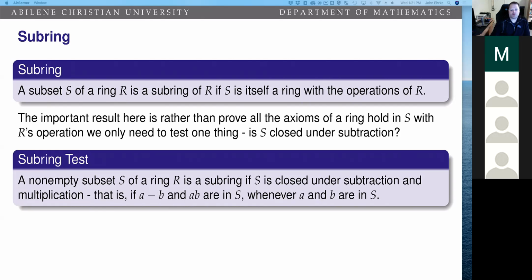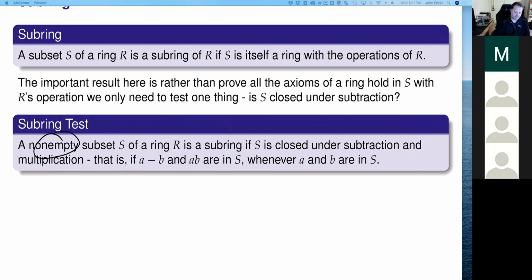I don't really want to go through the proof of this because it's exactly what I just kind of spilled off. There's a proof in the notes. It's not a difficult proof. Basically, once you have that something's non-empty, so let C be an element of the subring S, then if you have closure, C minus C, which is 0R, must be an element of S as soon as you have an element in there.